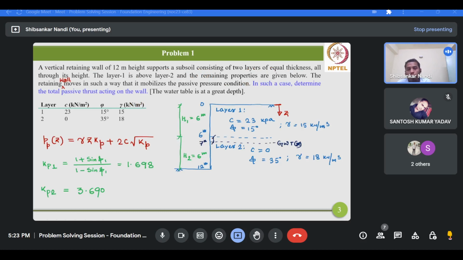Suppose for the sake of calculation you introduce a separate thickness or variable h2, and then this becomes h3. This is as per your convenience, not any standard rule. So what is fundamental to calculate passive earth pressure? First, you have to calculate the vertical overburden at that level. Yes or no?